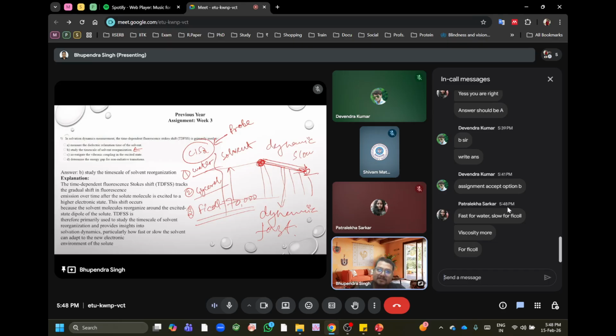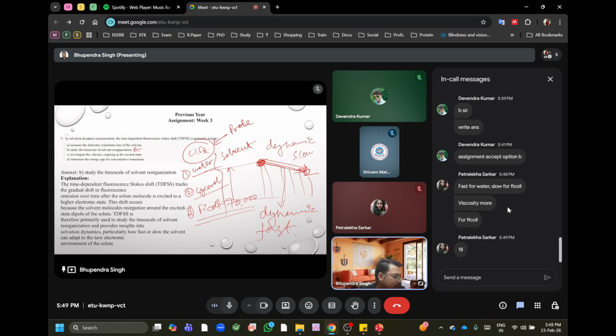So that is why the viscosity is higher for Ficoll, because the molecular weight of the Ficoll is 70,000, as I've already told you. You can imagine, no? Water, what is the molecular weight of water?